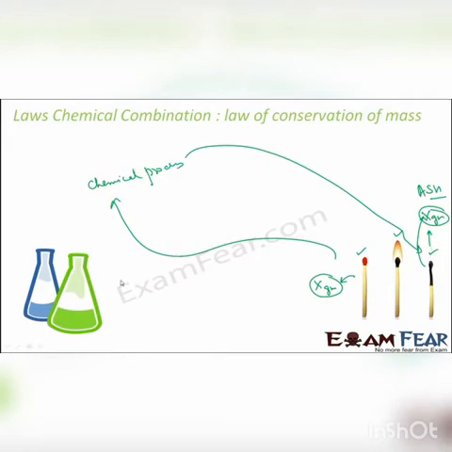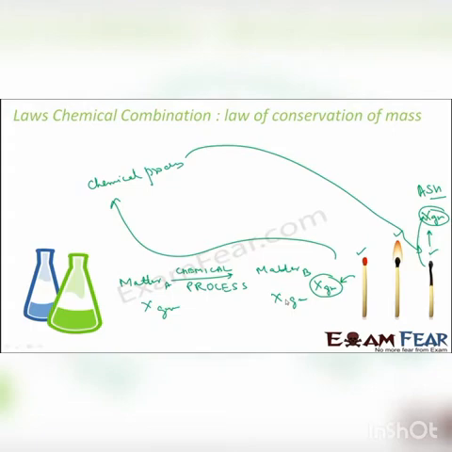That means this is matter A, it goes through some chemical process, and becomes matter B, but the mass is X gram here and X gram here also. This is something we have seen. You can take any other experiment in the lab.